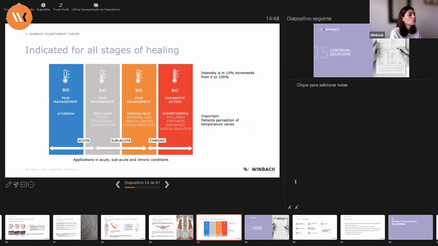On orange, we have pain management, but we already have the strong heat response. We have arterial and venous system vascularization response, and you get the thermal effect with a good noticing of the hyperemia, superficial hyperemia you're working on.